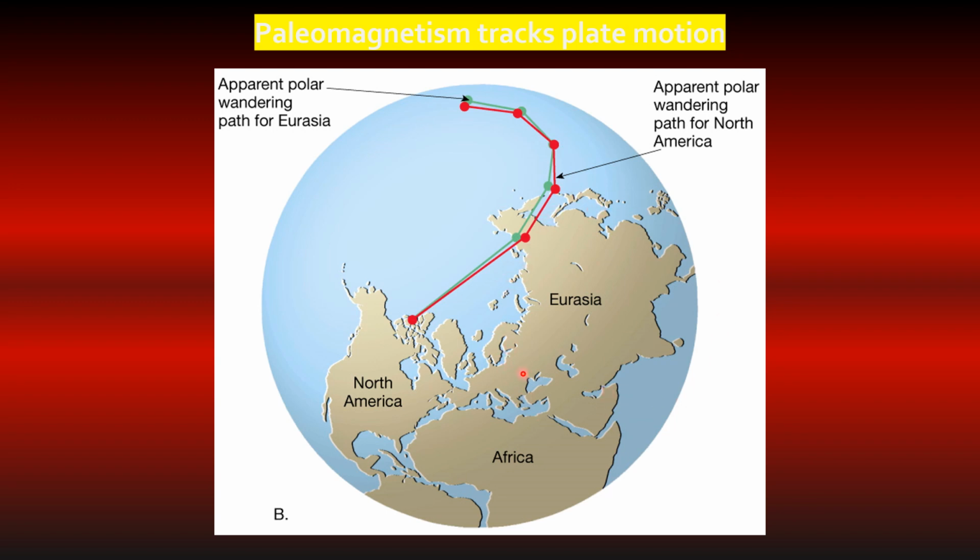And that's one of the ways that we can reconstruct where continents were at different time periods, because we can just match up the alignment of those minerals in the rock. And that's one of the ways that we can tell where things were: close to the equator, clumped together, spread apart, etc.